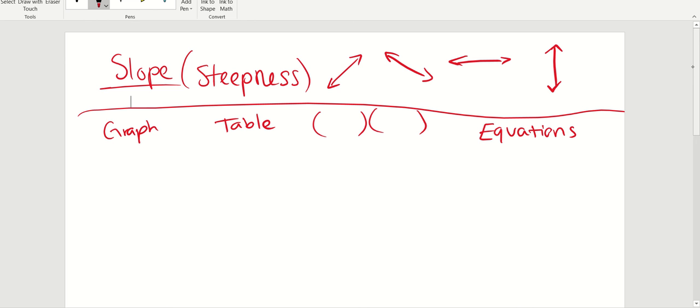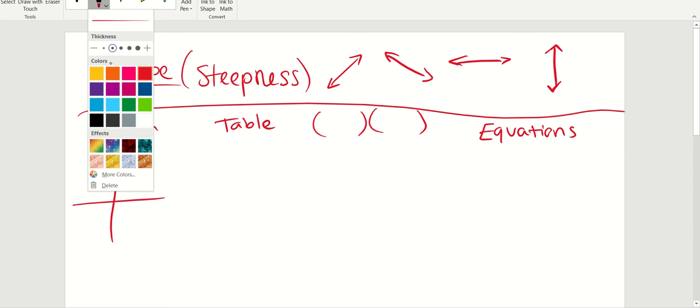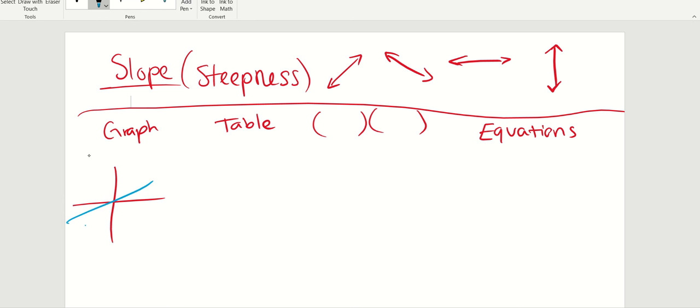So in a graph, we are looking at identifying how a graph changes in steepness, looking at the ratio of rise over run. Whatever your rise is, you put it on top. Whatever your run is, you put it on the bottom.